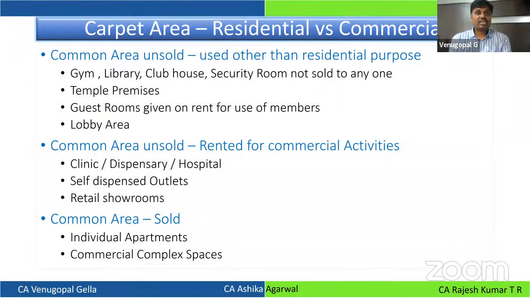Sometimes you have guest rooms or reading rooms, or a lobby area where the watchman security is there. Now, is this a residential area? The answer is no. Is it a commercial area? I don't have a definitive yes answer, but I could say that this is not a residential area. Okay. Now let us look at another set of common areas.